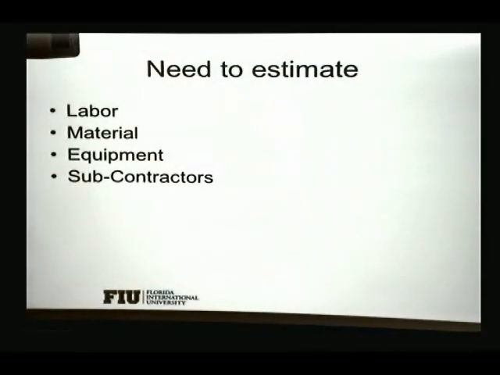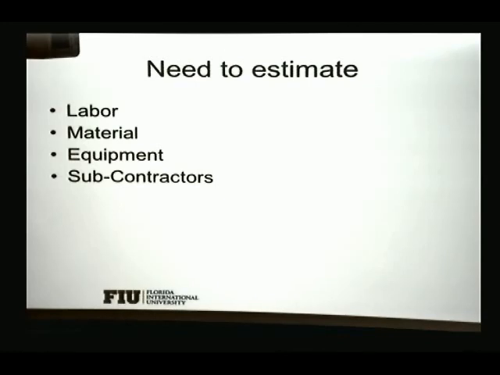Need to estimate labor, material, equipment, subcontractor, like we've done before. So in labor, you have the operator. Materials, you have very little materials, because what you're doing is moving this earth. We're not putting anything in, except if you have shoring. In that case, you do have some materials that need to be put in place to hold the sides of the excavation.